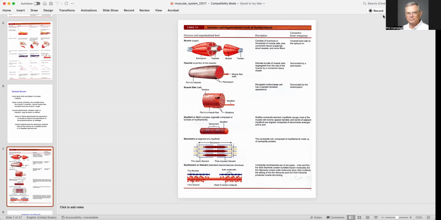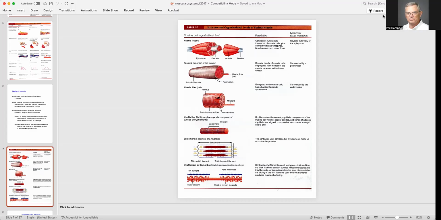Now, here is one end of the muscle, here's the other end of the muscle, right? The thing to remember always is that a muscle cell goes from one end of the muscle to the next. It goes from here to here. It doesn't stop somewhere in the middle. Remember, the purpose of skeletal muscles is contraction.